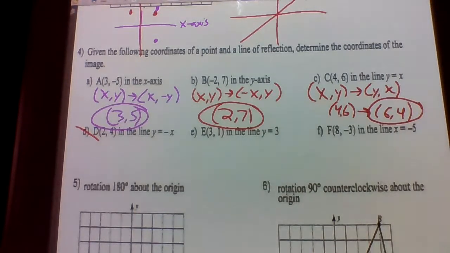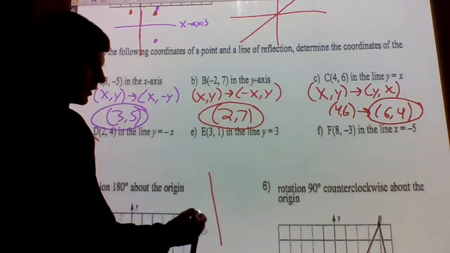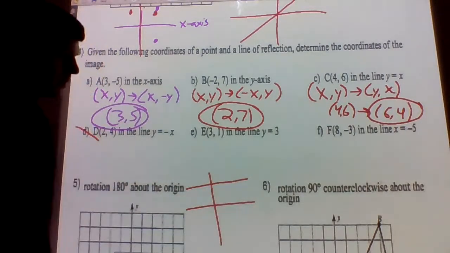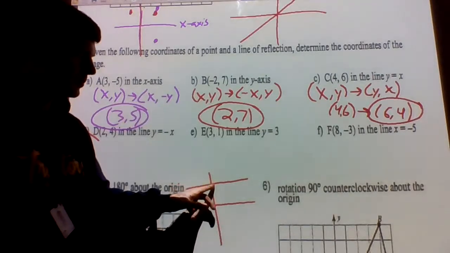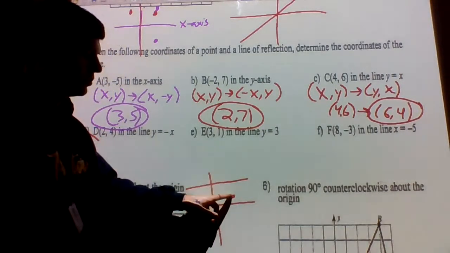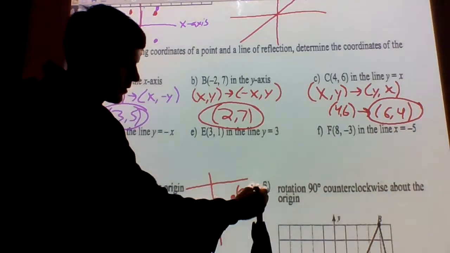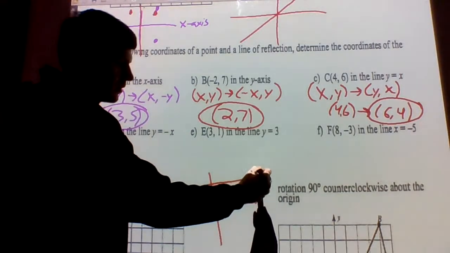Let's go on to the y equals 3 then. So here we go. We have a line y equals 3. So that's a horizontal line at 3 on the y-axis. We're looking at the point 3, 1, which would be somewhere here. So right now we're 2 units below. This is at y equals 3.